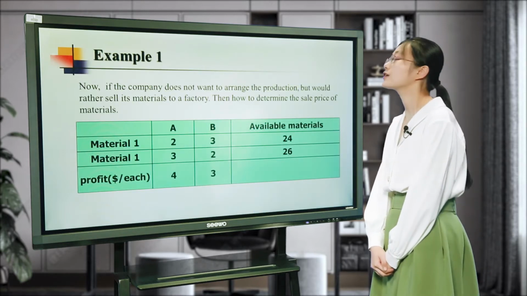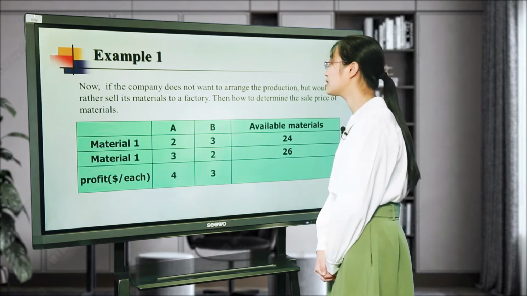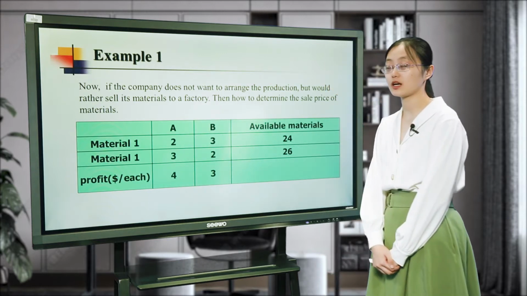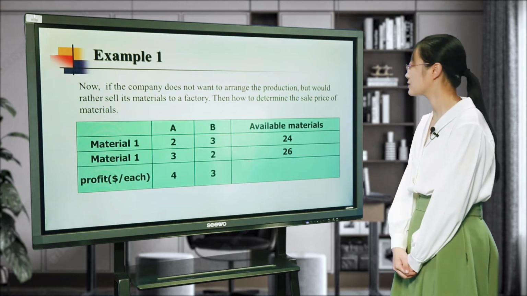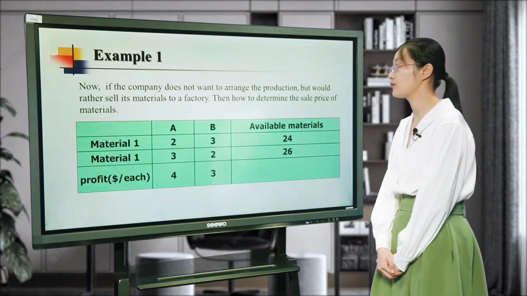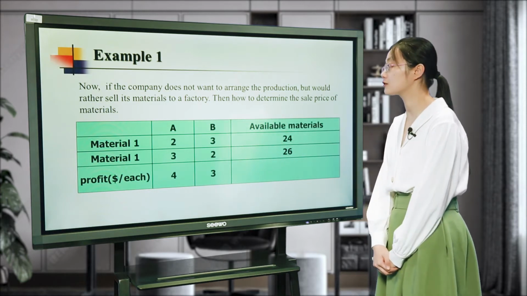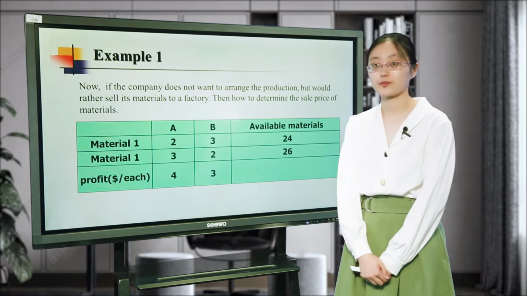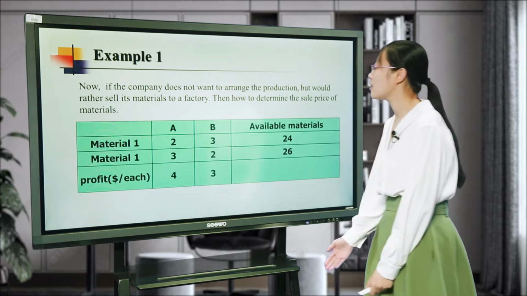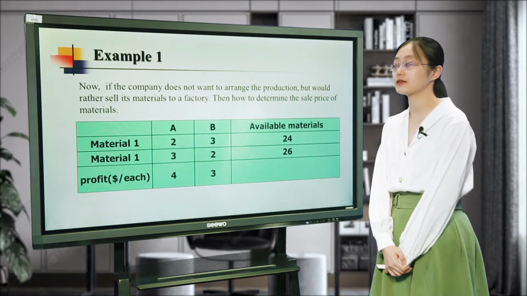Now let's consider another problem. Suppose now the company does not want to arrange the production, but would rather sell its materials to a factory. Then how to determine the sale price of each material to make the revenue? Alright, so the materials and the costs are still listed on the table.